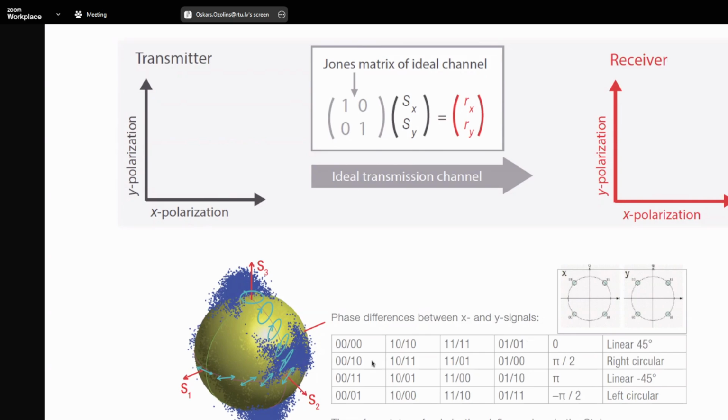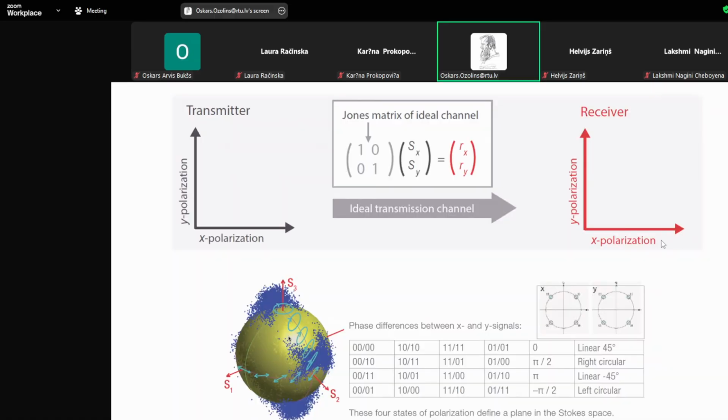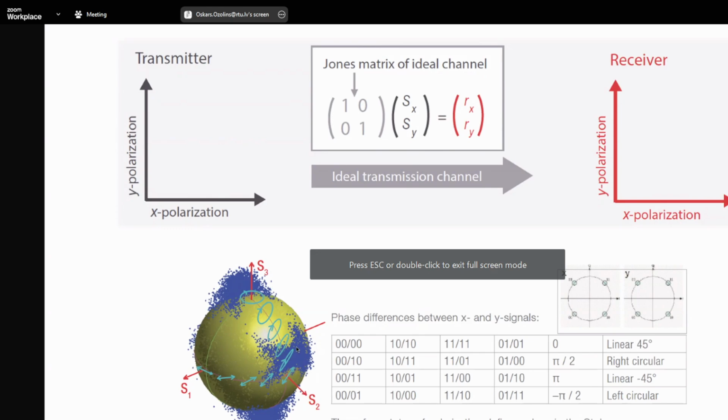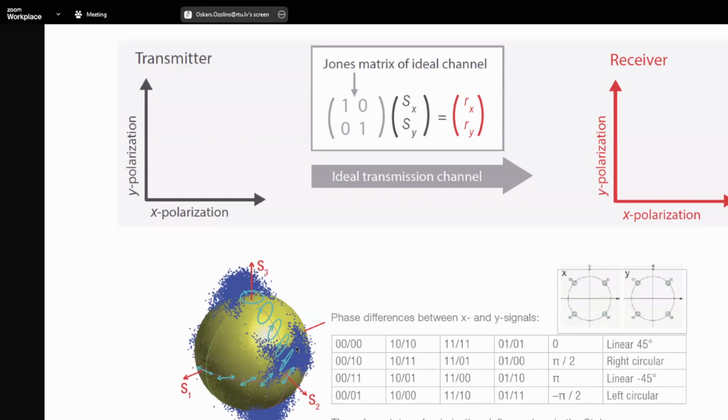Then we can have a different phase difference, and using this Jones matrix, we can form the three parameters S1, S2, and S3, with which we can describe any polarization state of the light.